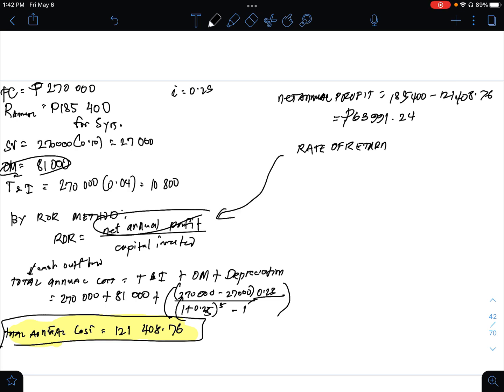Tingnan natin, that's net annual profit, which is 63,991.24 divided by yung capital na ininvest po natin, which is 185,400.